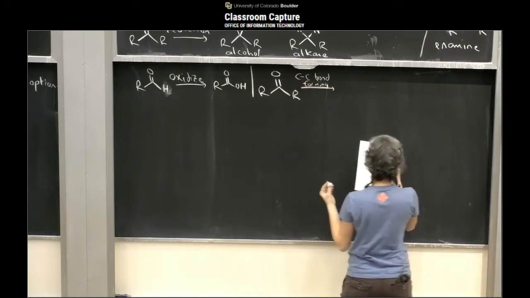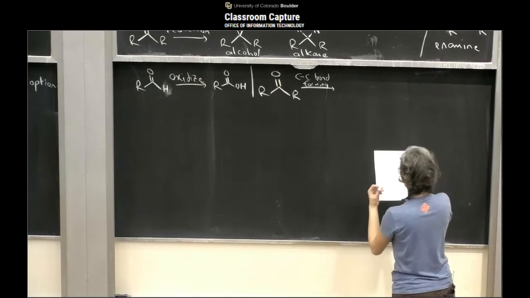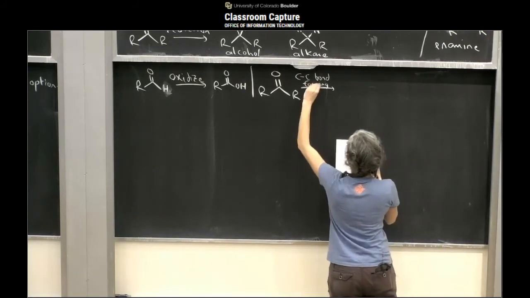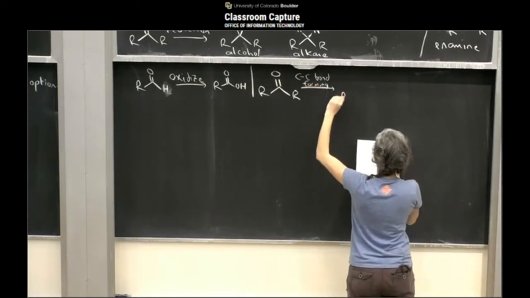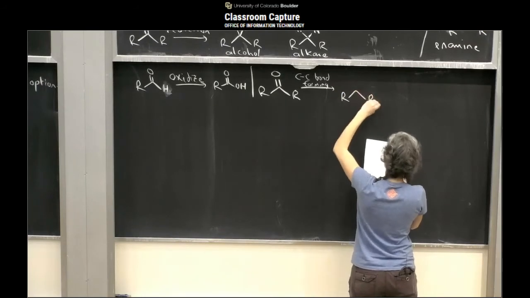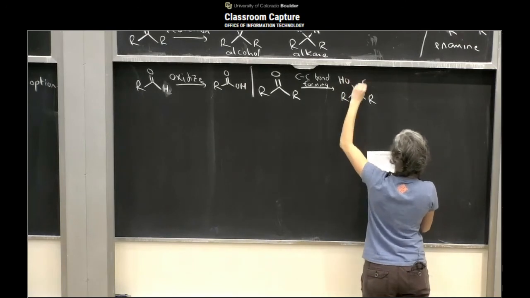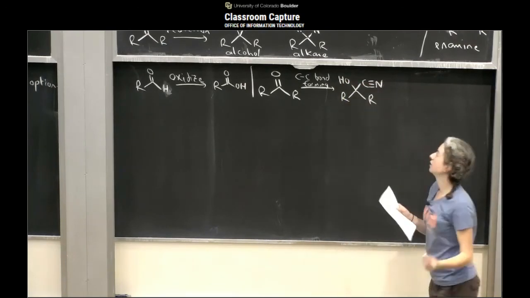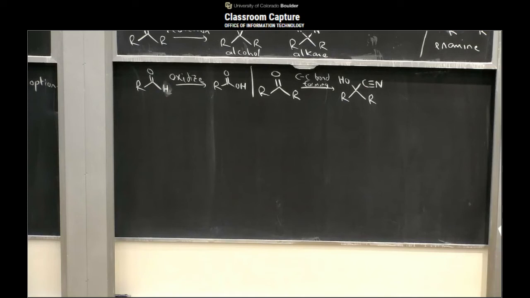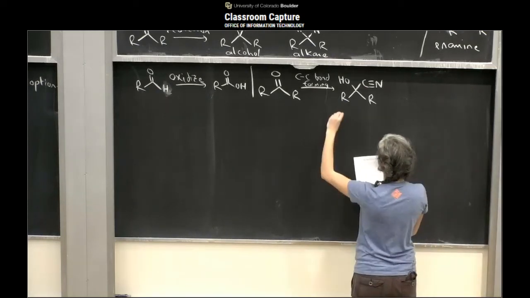Technically I guess all of these are also reductions, but we're going to look at them more in the light of what they can do for us building a carbon skeleton. Okay, so one option is we make a carbon where it's got an OH and a C triple bond N. That's a cyanohydrin.